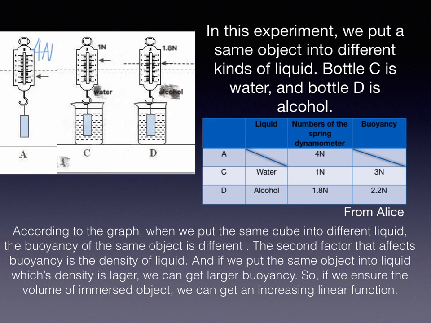For example, if we ensure that the volume of the immersed object is 1 cubic centimeter, we can get the function f(x) equals 9.8x, and f(x) is an increasing linear function.